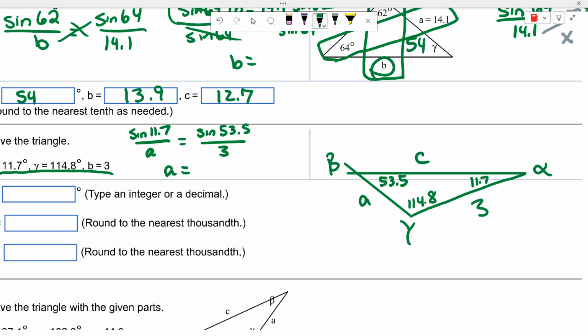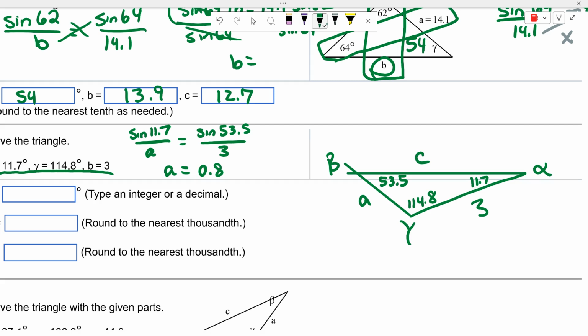Three times the sine of 11.7 divided by the sine of 53.5 is 0.8. That sounds right, because 3 is small, so A is even smaller.